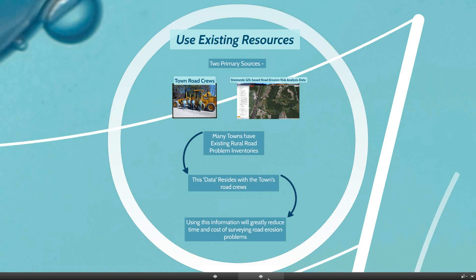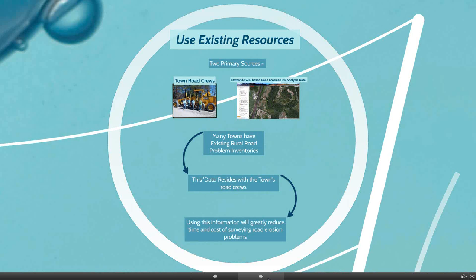Oftentimes, whenever I start any of these assessments, I usually do this initial meeting and sit down with a map and have these guys go through all their focus areas, all the sites in town that they continually have to go back to and are continually needing to address, and get a handle on what the nature of the problem is, how they're attempting to fix it, and oftentimes follow up that meeting with an actual drive around to look at the problem.